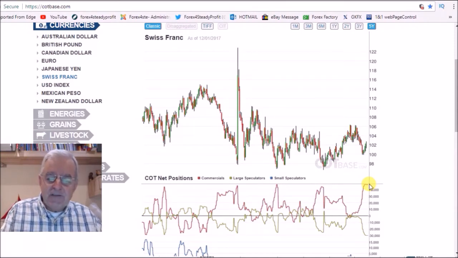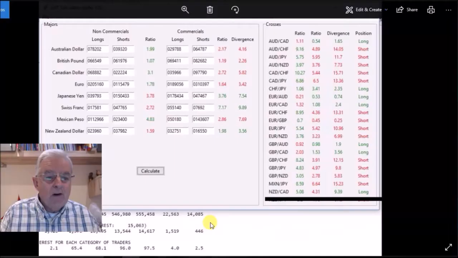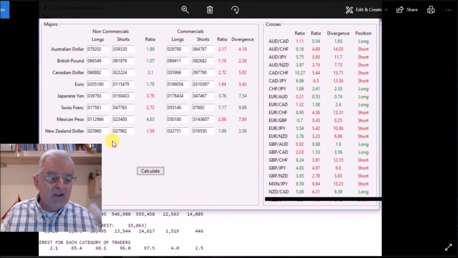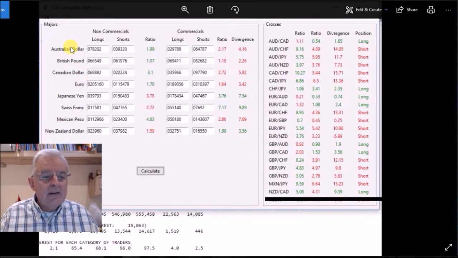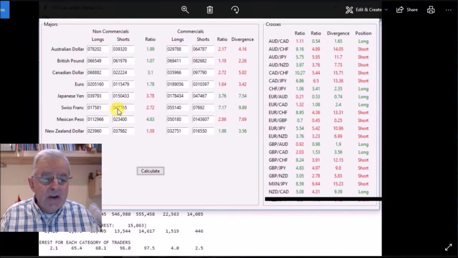This is a divergence calculator. This is available in my members center. Okay, so here we have a divergence calculator. So you can take a currency like the Swiss franc, and you can put in the long and the short positions. These are for the non-commercials, and you get a ratio of 2.72-1 short.